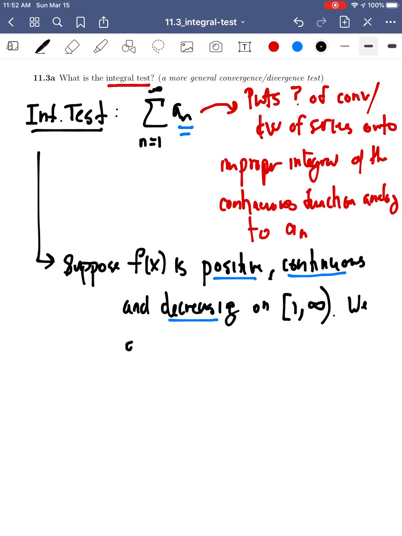Okay, and we define this f function in the following way. We define f of n to be equal to our series function a sub n.